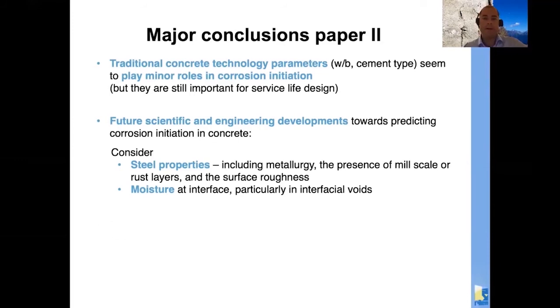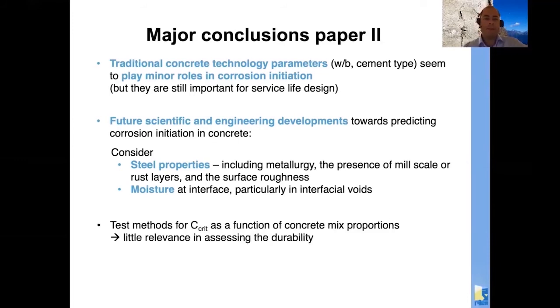A final comment: since it has been found that cement type, water binder ratio and other features related to concrete mix design have a relatively small effect on the chloride concentration needed to trigger corrosion, we suggest that it doesn't make much sense to design test methods aimed at determining the chloride threshold value as a function, for instance, of cement type or water binder ratio.